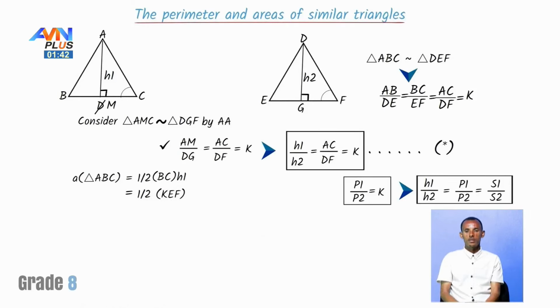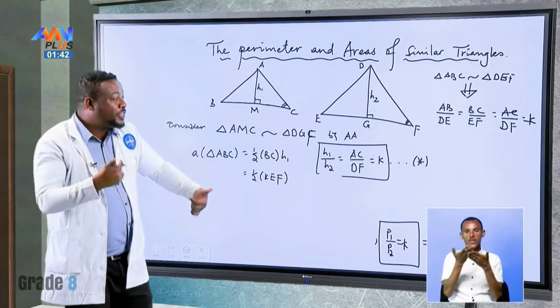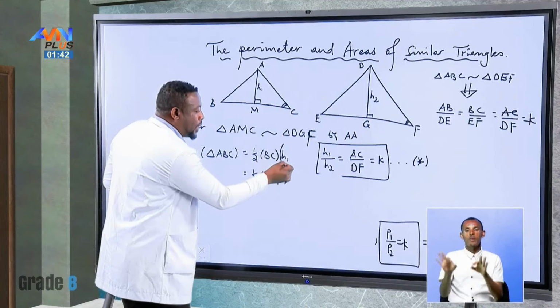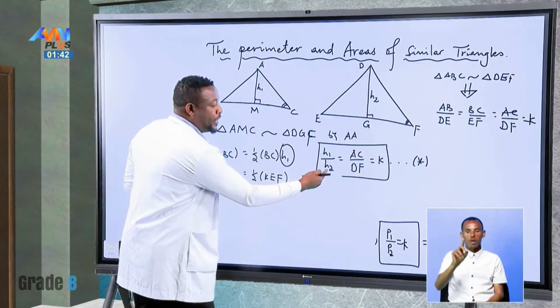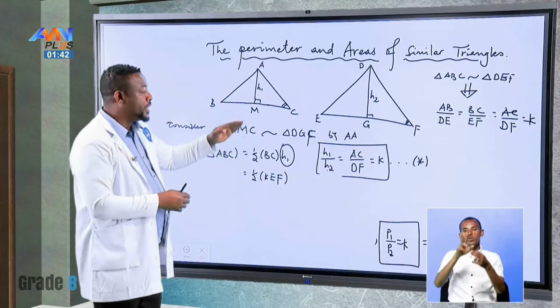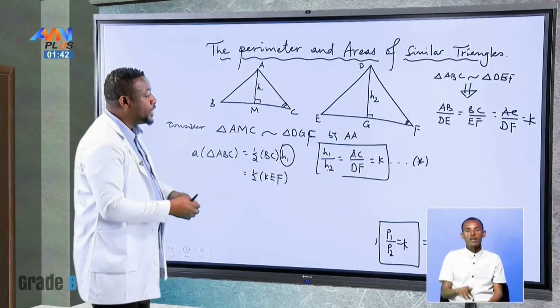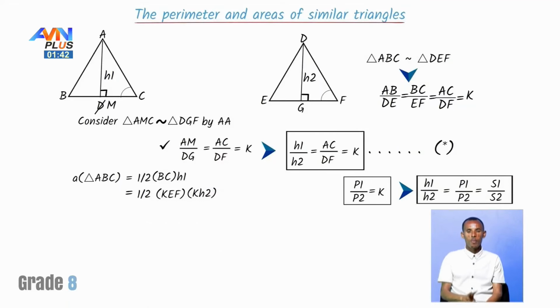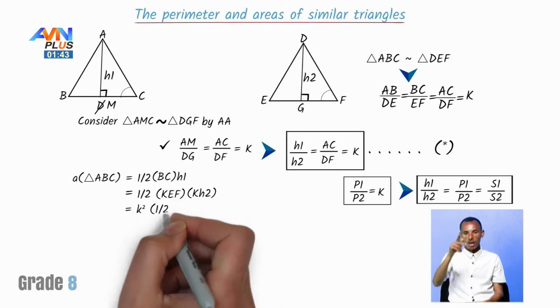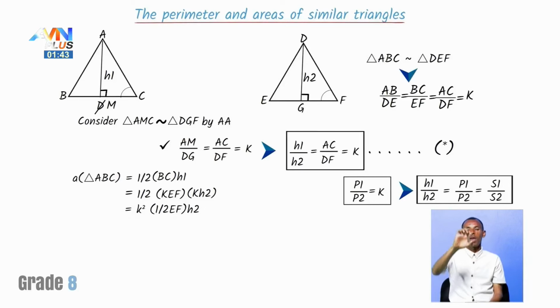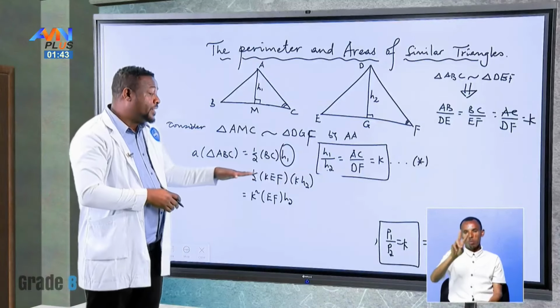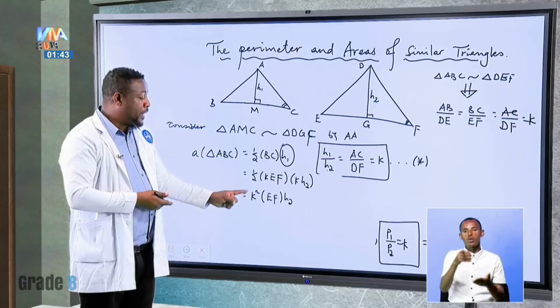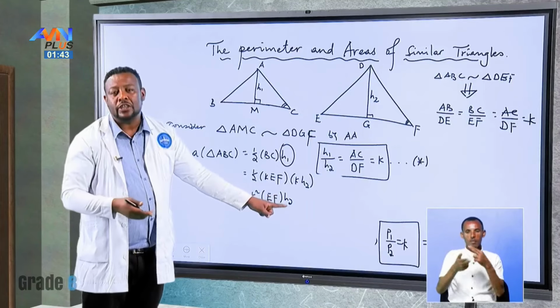The other thing, in place of H1, you can substitute K times H2, because H1 over H2 is K. So now we have K times K, which is K squared, times EF times H2.